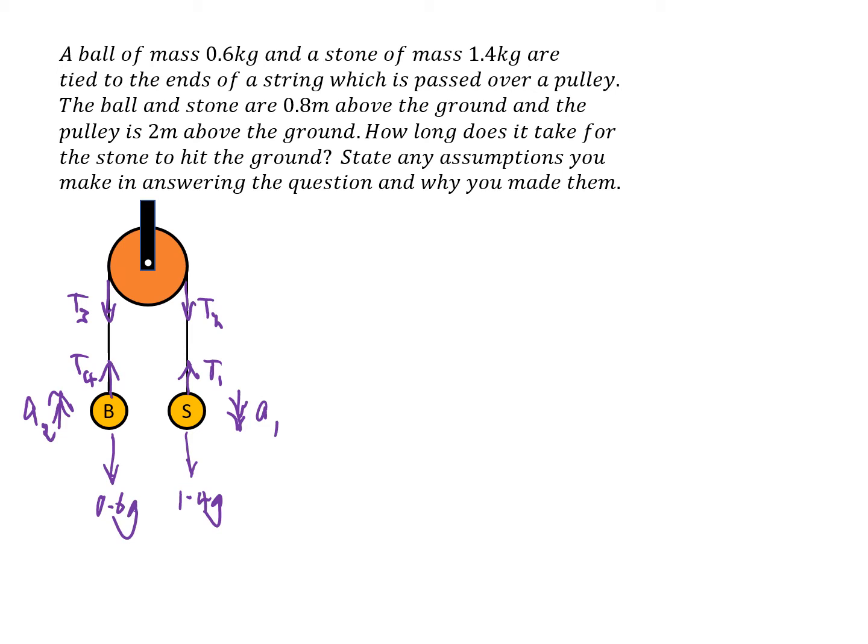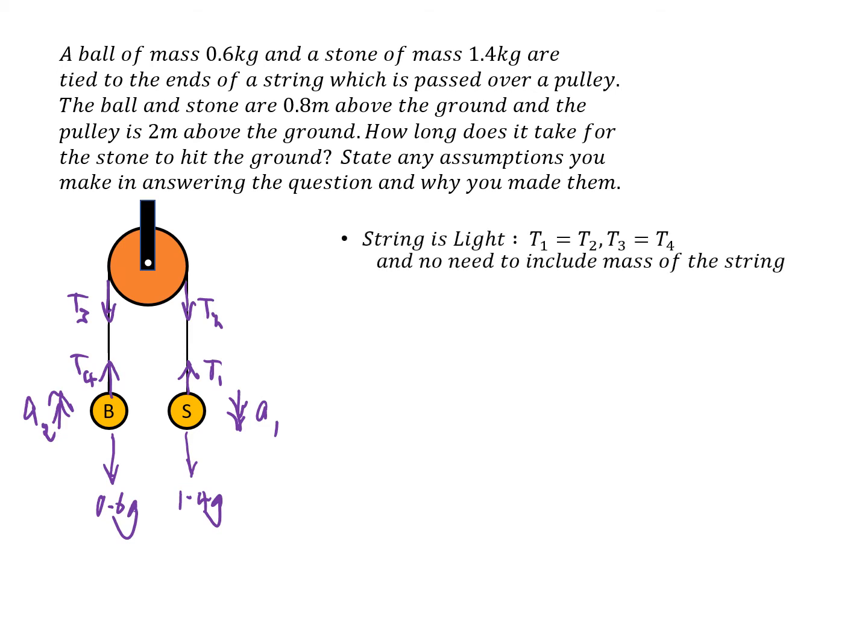Now, if we look at the assumptions that we can make when we're doing our modelling, we can simplify the situation. We firstly assume that the string is light, and that means that the tensions on the right hand side, T1 and T2, are the same as each other.